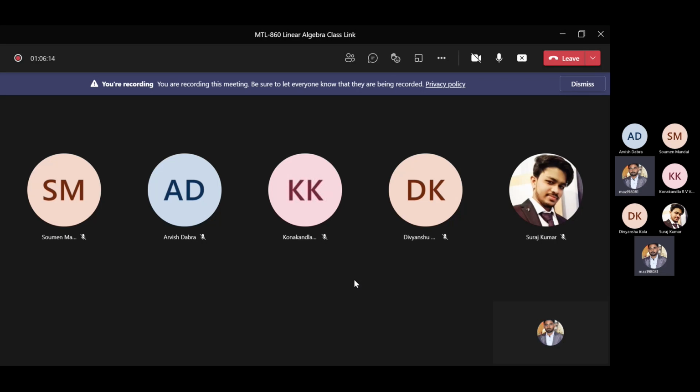So for that matter, maybe. I will discuss with the professor whether you will be given the question paper and answer sheet both, or only the question paper, and how you have to submit your answer, on Gradescope or by hand. I will discuss and inform you accordingly. The exam is on 21st, so I will inform you within 2 to 3 days. Don't worry about that. Anything else?